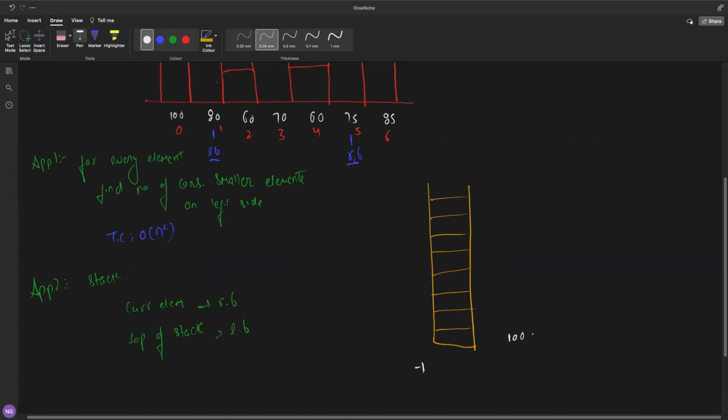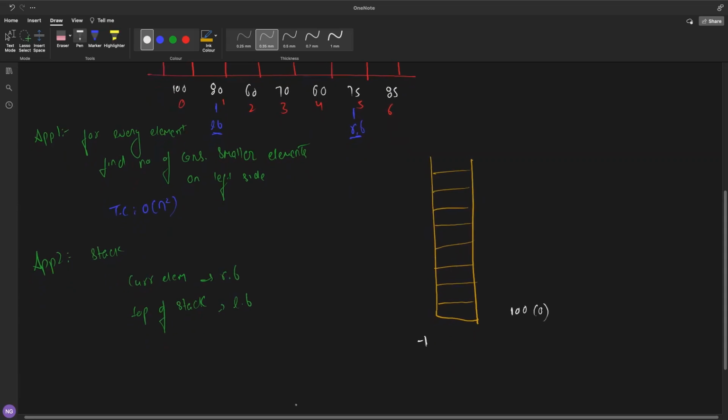The new element is 100, which is coming with index 0. Whenever I insert an element into this stack, I will do the calculation. Whenever I add or push an element into the stack, I will do the calculation.